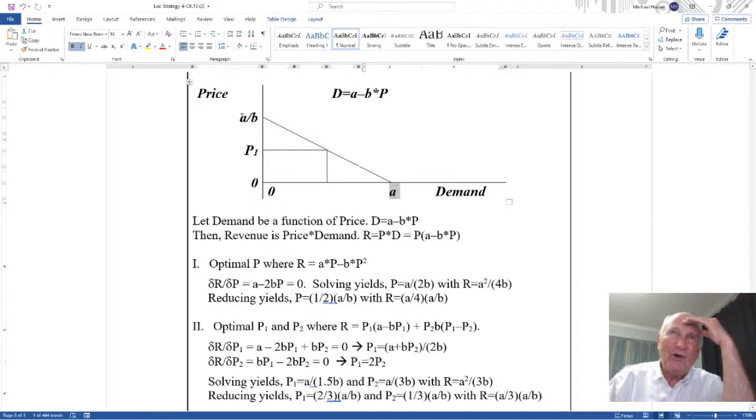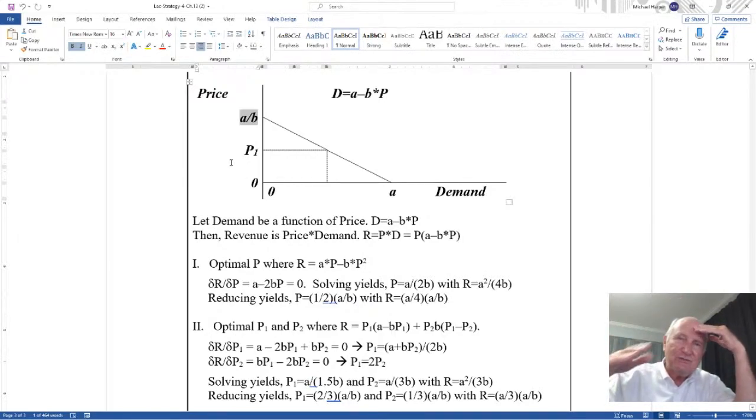And A over B is the price at which the demand is optimized. You have the entire market, everybody will buy it. Well, that's not realistic. It's theoretical. But the theory here: this line is not always straight, it can have all different kinds of shapes. But the concept is important.